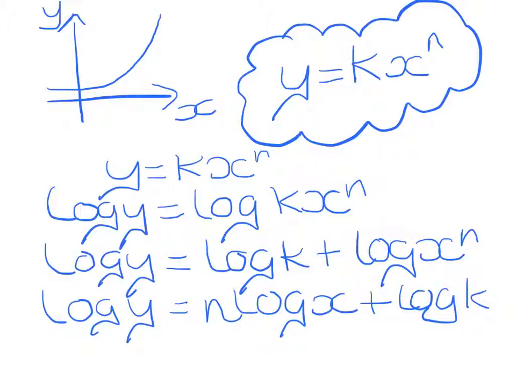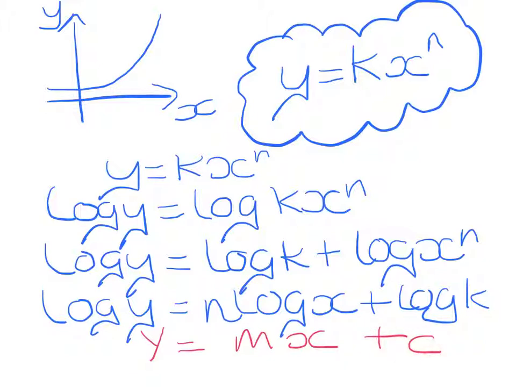Now, what I'm looking for here is something familiar. And I see that this looks a little bit like our equation for a straight line, which is y equals mx plus c. Taking the log of y, instead of m times x, I've got n times the log of x.